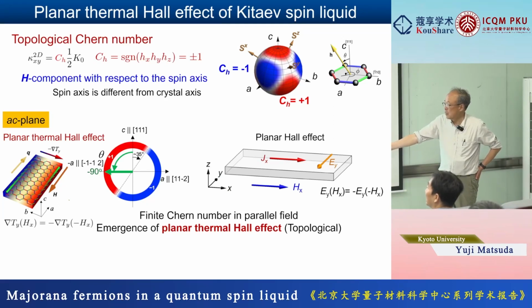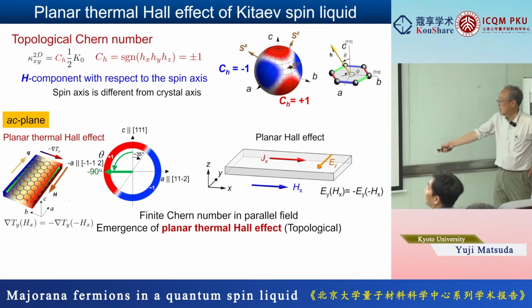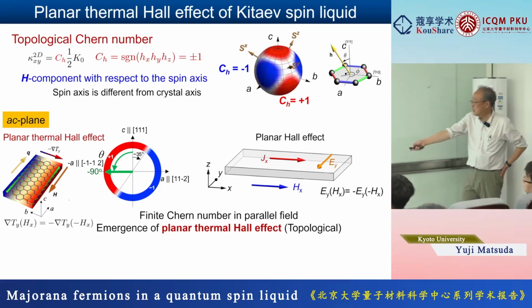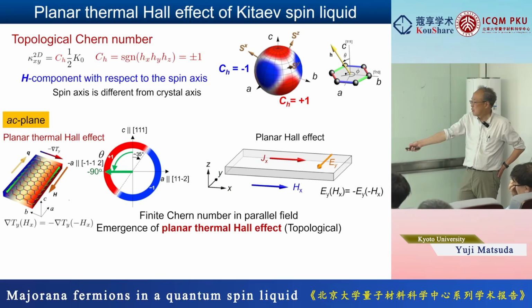And this temperature gradient is an odd function of H. So this is our definition of planar thermal Hall effect. This planar thermal Hall effect is a purely topological effect, because in the classical Hall effect, we cannot expect this kind of Hall effect.